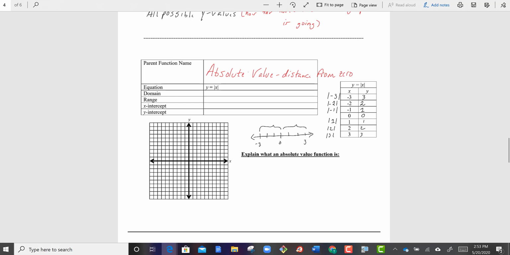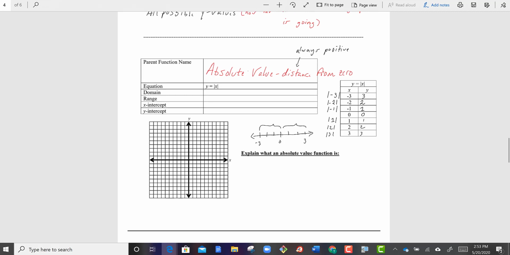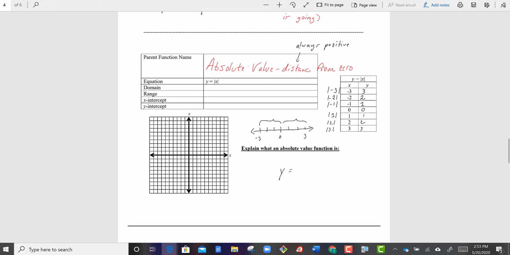And distance, we know, is always positive. You can't be -2 miles away from somewhere. So that's why sometimes we mistakenly think absolute value makes everything positive. It did in this example, but this will come up later on.